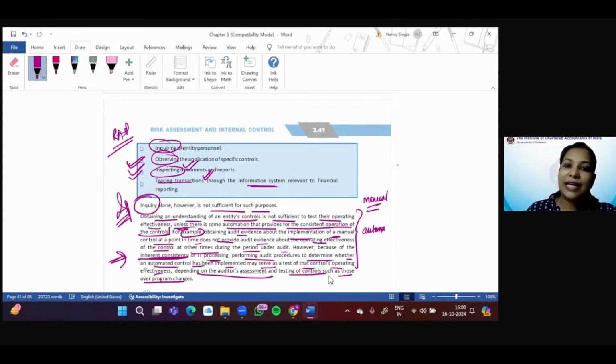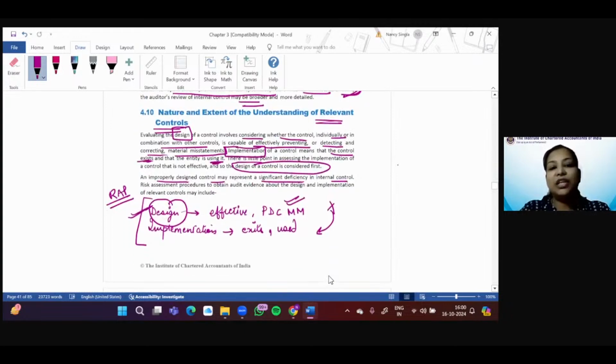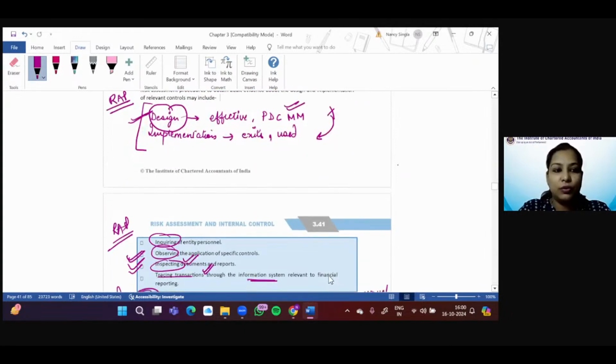So if the auditor is satisfied that in the automated internal control, if any change is made, that will be reflected, that is, the control with respect to that program change is effective, then obtaining an understanding once about an automated internal control is sufficient. Is it clear? Right? So this was with respect to the nature and extent of understanding of relevant control.